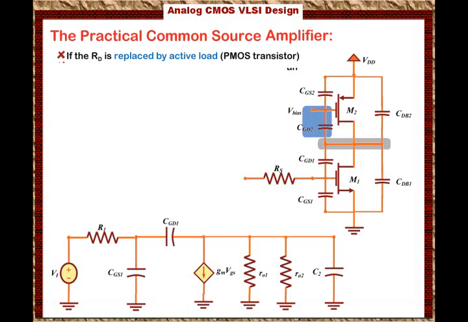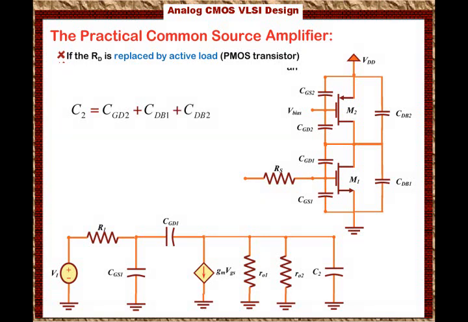Then we see another capacitance from the drain to the body of M1, and another from the drain to the body of M2. So basically the equivalent capacitance C2 at the output is equal to CGD2 plus CDB1 plus CDB2.